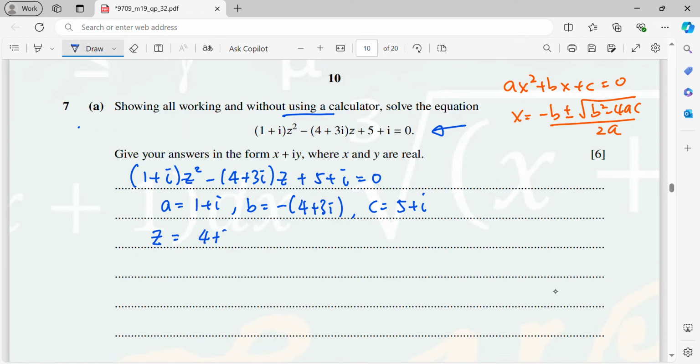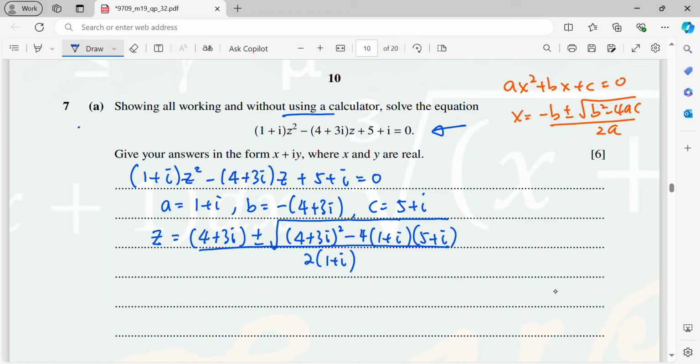I'll write 4 plus 3i. Then plus minus square root of b squared. So when you square the negative, it will be positive. Minus 4, a is 1 plus i, c is 5 plus i. Then over 2 times (1 plus i). That means from here, I will be getting 4 plus 3i plus minus square root of, okay, so here you have to do expansion.